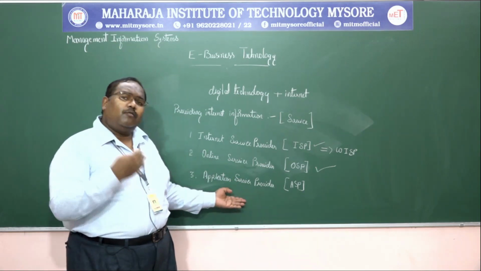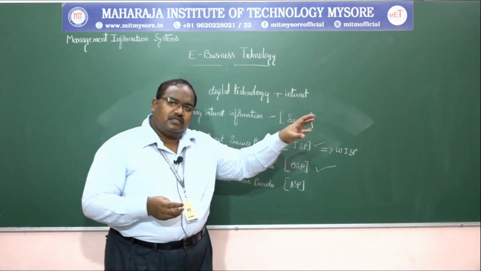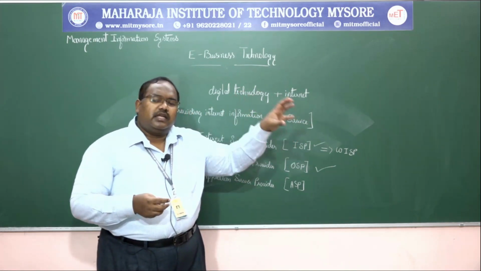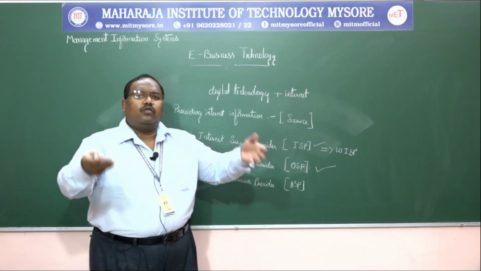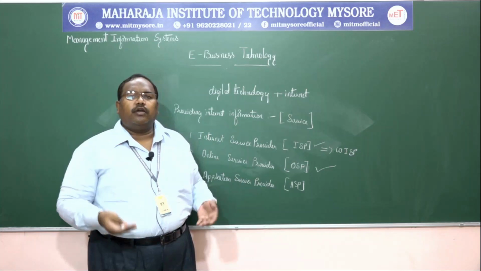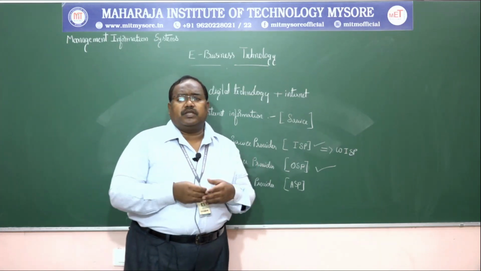Through their own applications you will be able to access their servers, machines or information. They offer these services so that anyone who wishes to have the information can log into those applications in order to get the information.